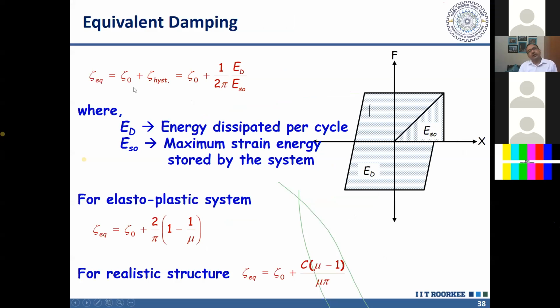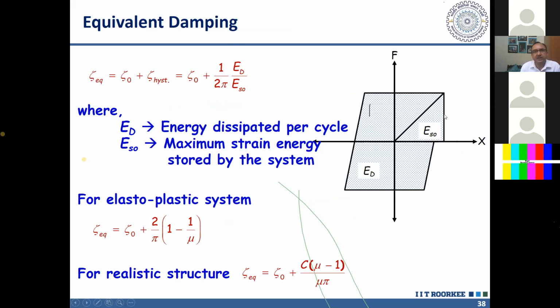Then we have to calculate the equivalent damping. I said that due to hysteresis, there is energy dissipation. That energy dissipation we can represent as equivalent damping. And this equivalent damping is obtained using this formula, 1/2π ED over ES0. So what is ED? ED is the energy dissipated by the structure.